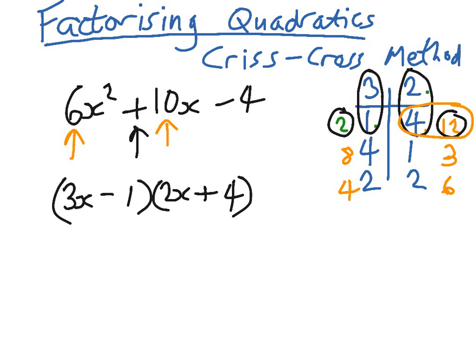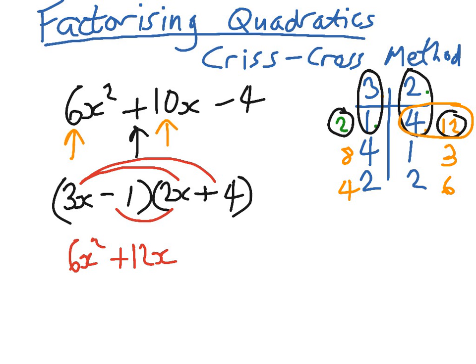Now, always double check that you have indeed factorised correctly. And so expand the bracket just to double check. So 3x multiplied by 2x is 6x squared. 3x multiplied by 4 is 12x.